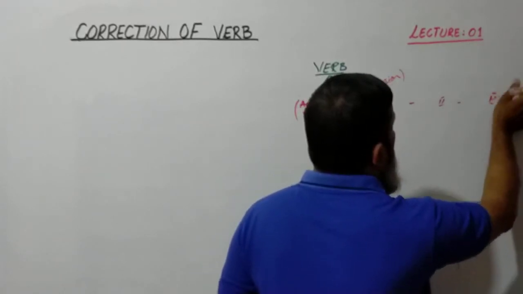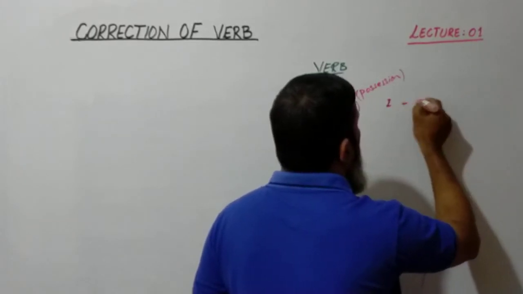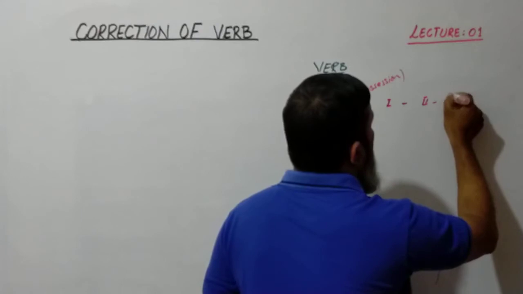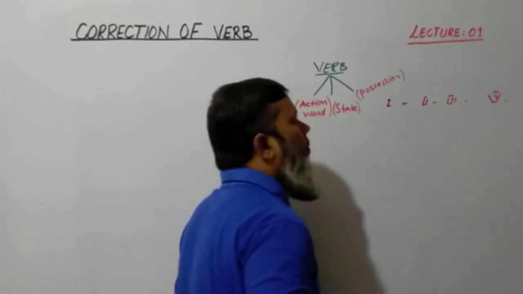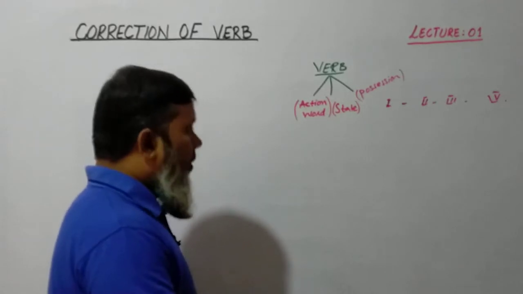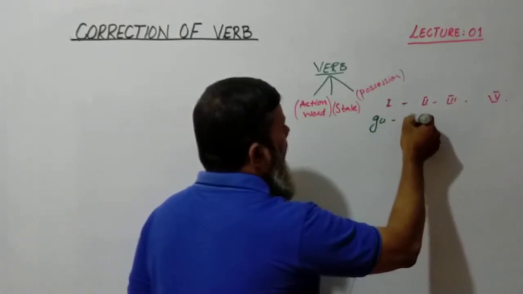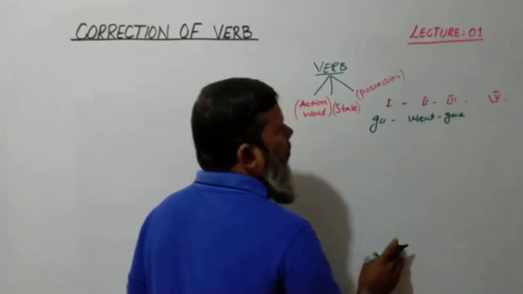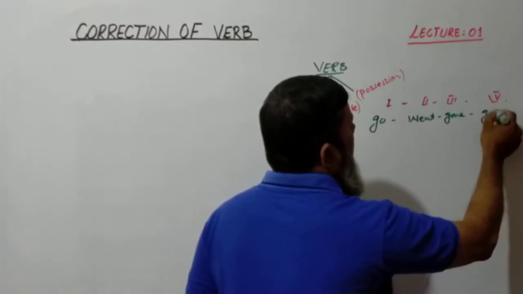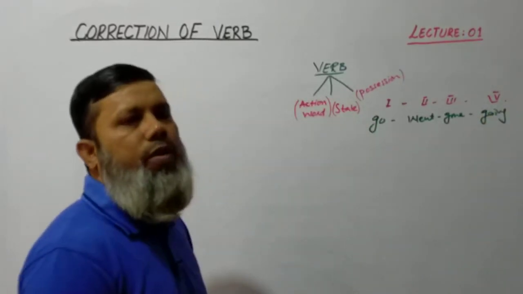These are the four forms of the verb. If I say go, go is the first form. Went is the second form. Gone is the third form, and going is the fourth form.